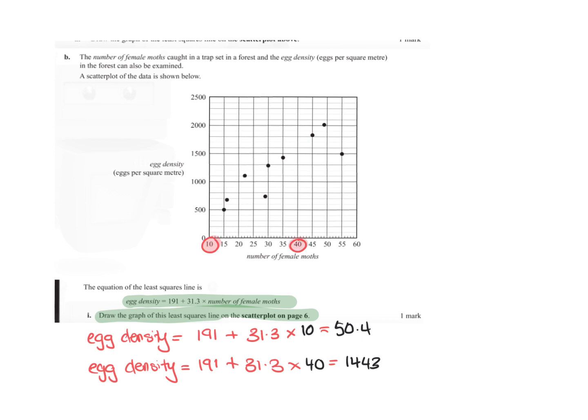If we follow this, we just put 10 into the formula, and it was 50.4. So 10 and 50.4 is, I think, about here. It's very close to the bottom. Then when I typed in 40 into the formula, I got 1443.